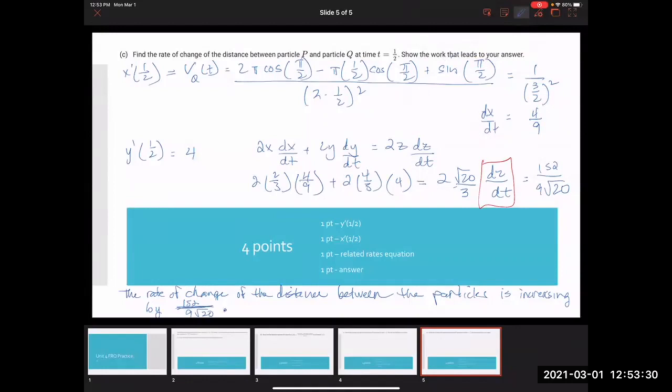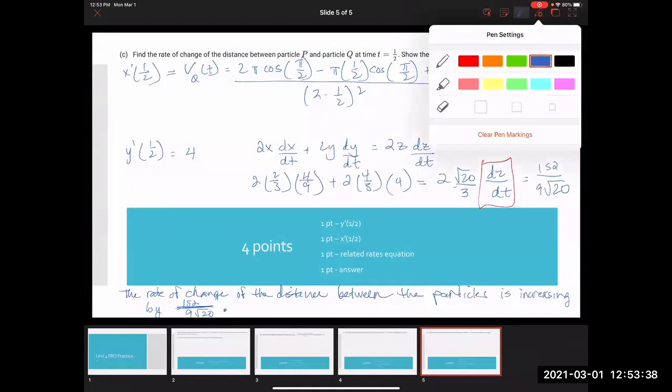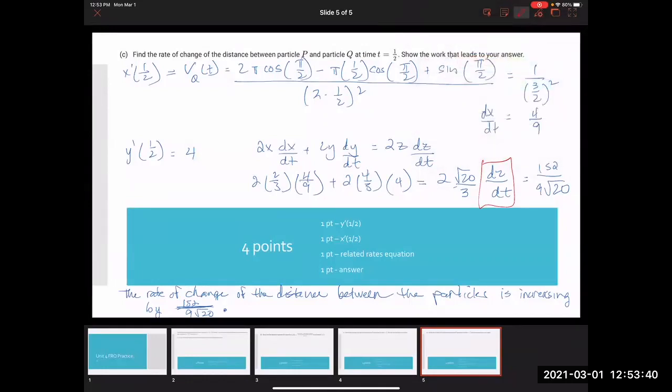So you get 4 points for this problem. You get 1 point for finding y prime at a half. So if I go back to my dot system here, that came from right there. You get another point for correctly finding x prime at a half, which is your dx/dt.